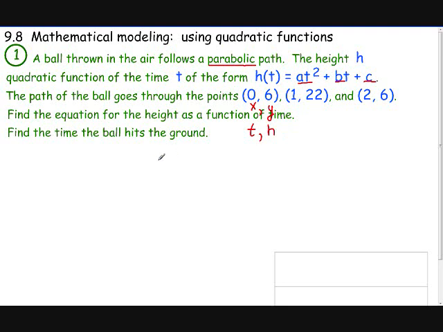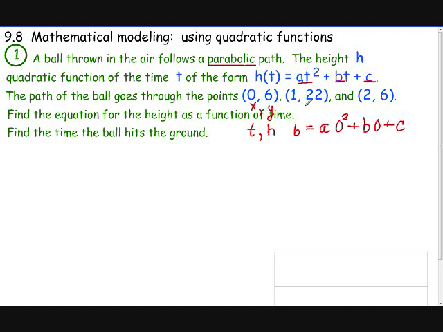So the equation, what does it look like? Well, for our function's value at 0, say 6 equals a times 0 squared plus b times 0 plus c.